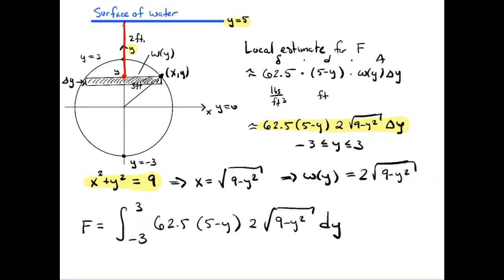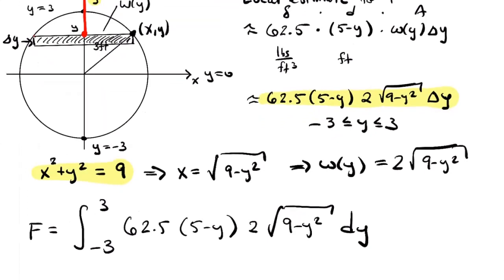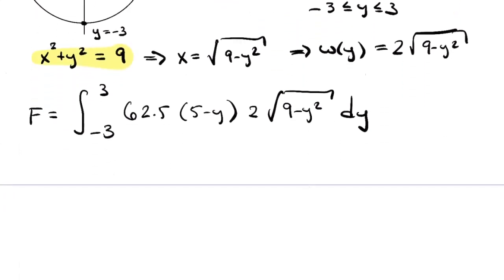So that's using the coordinate system for circles. I always like to put the center at the origin. Now let's see how we might go about integrating this. First of all, the 62.5 gets multiplied by 2, and that's a constant. We can put that out front. 62.5 times 2 is 125. Even I don't need a calculator for that, so I'm going to go ahead and write that.